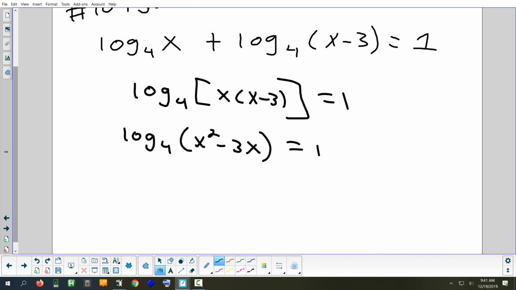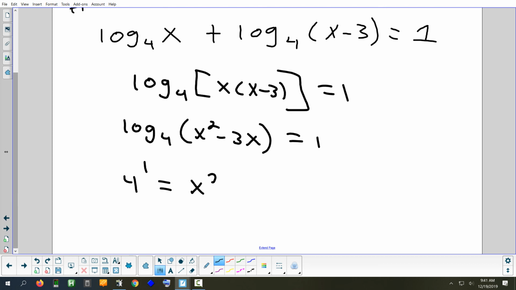Yeah, we're going to change that to exponential form. Okay, so when I change it, Brianna, what's my base? 4. Yashira, what's my exponent? 1. And Sebastian, what's going to go on the other side? X squared minus 3x. Yep.